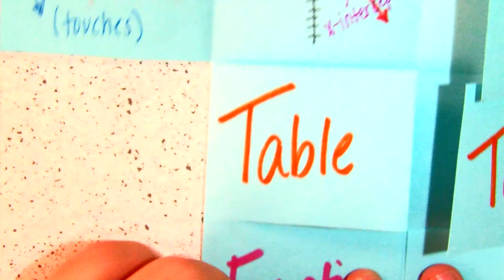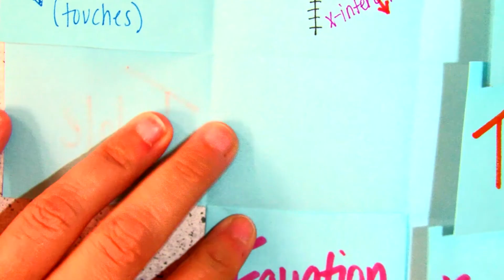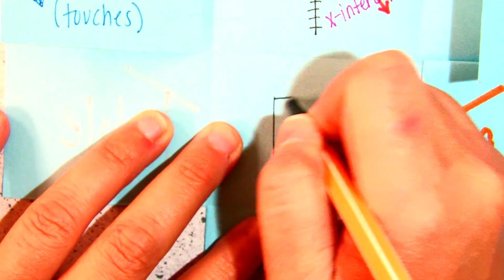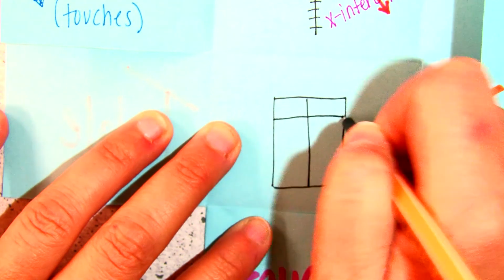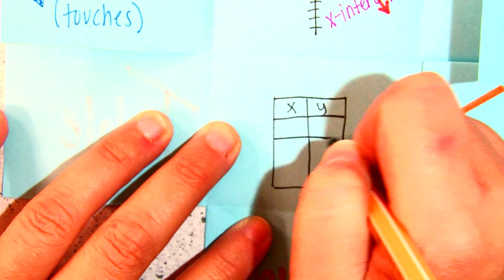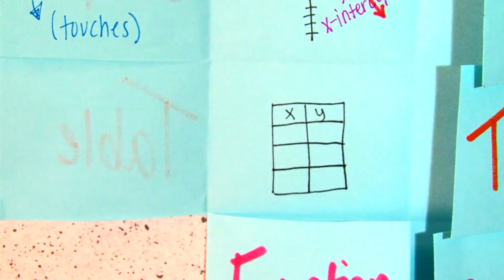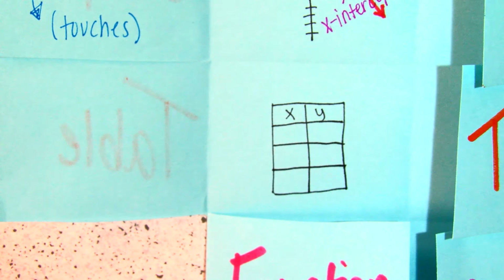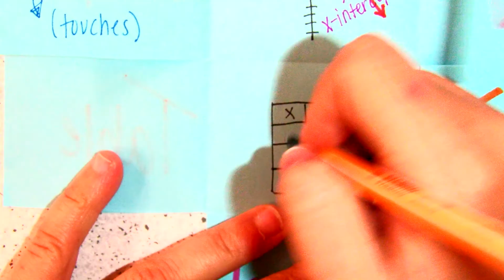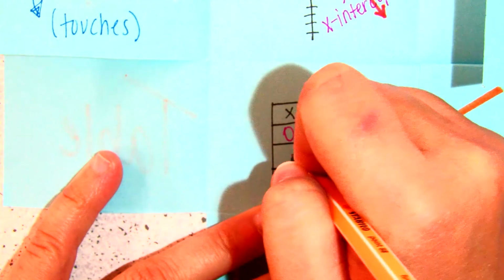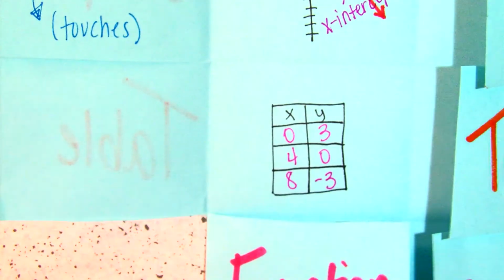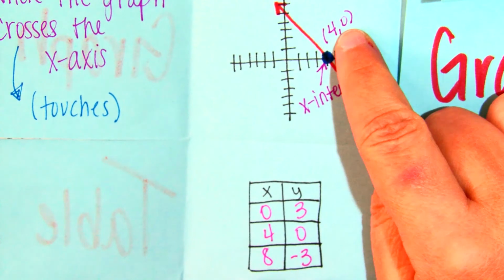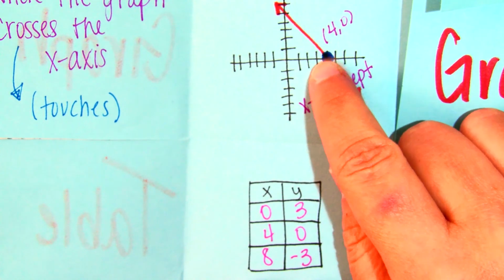So now for table, let's look at a table. If we look at the graph, it's when y is 0, right? That's where our x-intercept is.